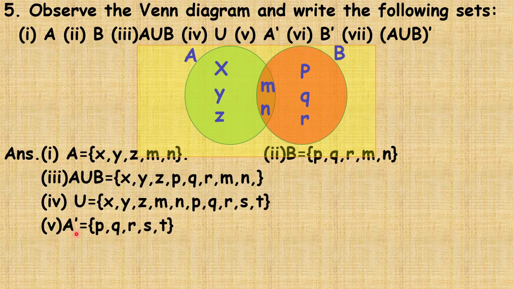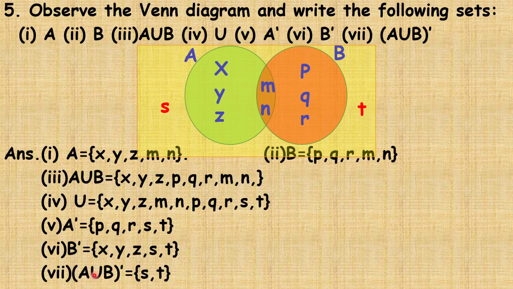Complement of set A. The elements are P, Q, R, S, T. Sixth, complement of set B. The elements which are not in set B are X, Y, Z, S, T; these are the elements of the complement of set B. Seventh sub question: complement of A union B is equal to.